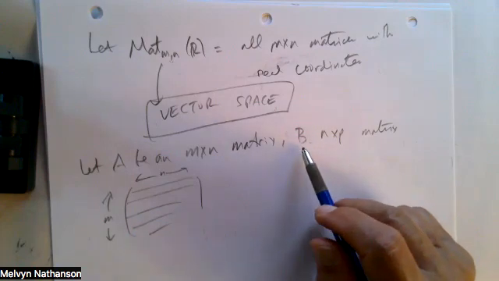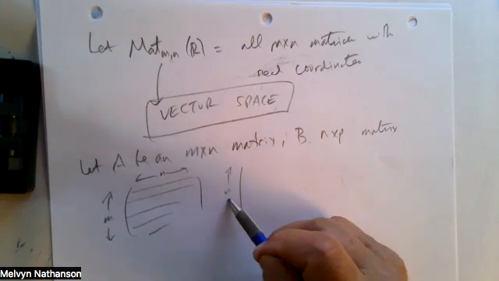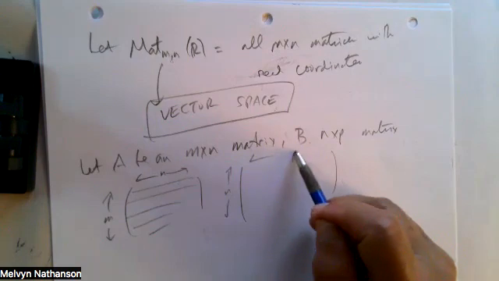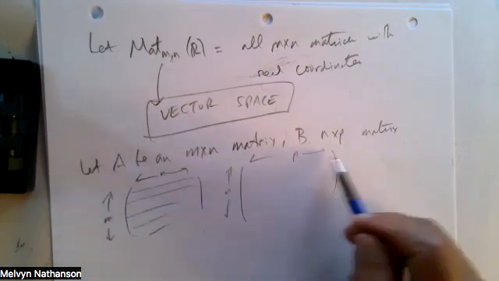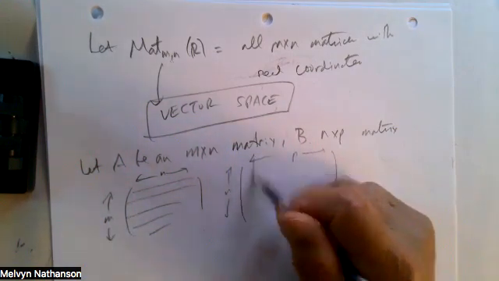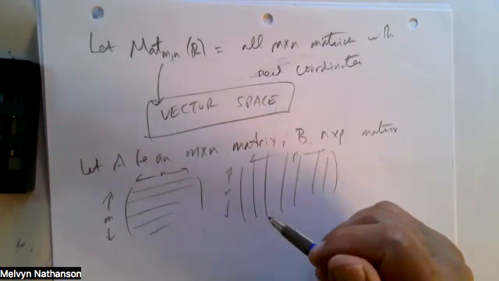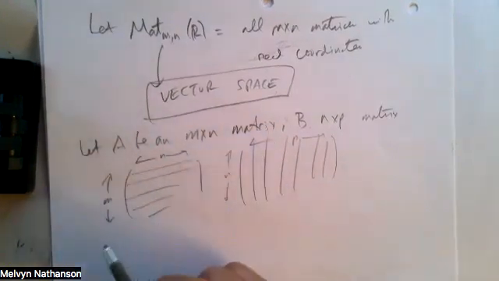In the matrix B, you have N rows and P columns. So every row has P numbers, but if you just look at the columns, every column has N numbers.